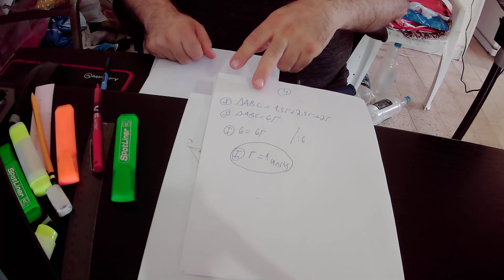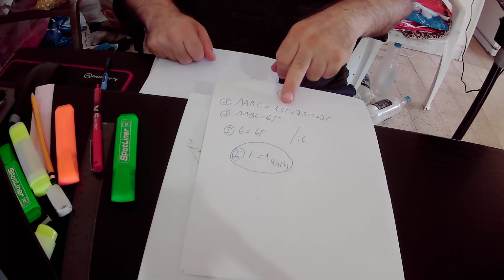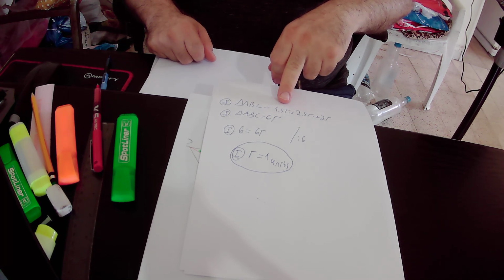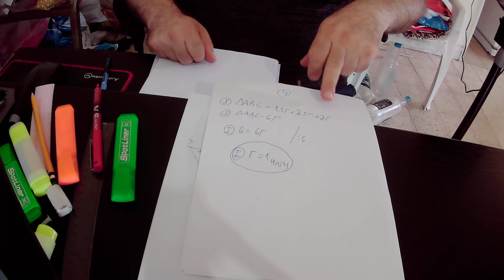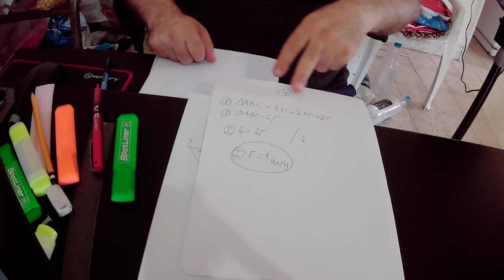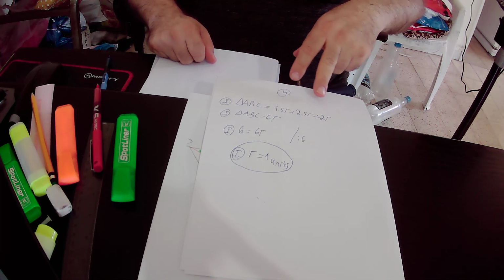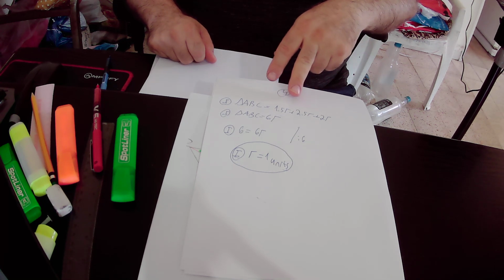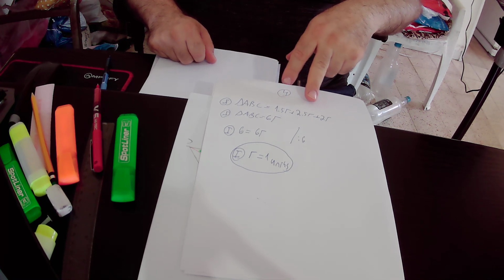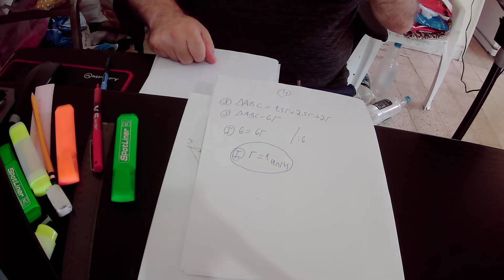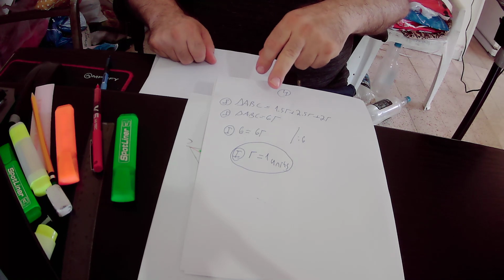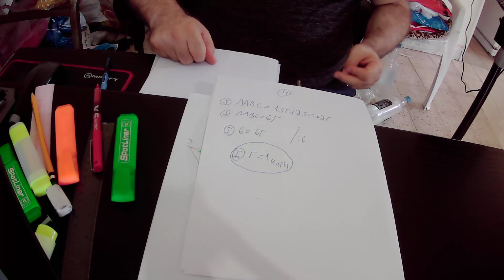The area of triangle ABC equals the area of the green triangle plus the area of the yellow triangle plus the area of the orange triangle. In total, we got on this side of the equation 6r, because 1.5r plus 2.5r equals 4r, and 4r plus 2r equals 6r. So the area of triangle ABC equals 6r.